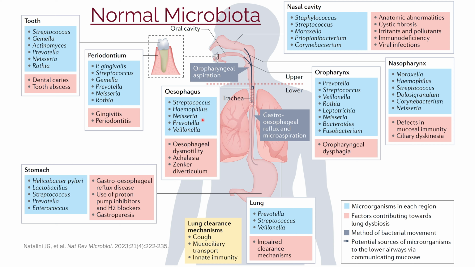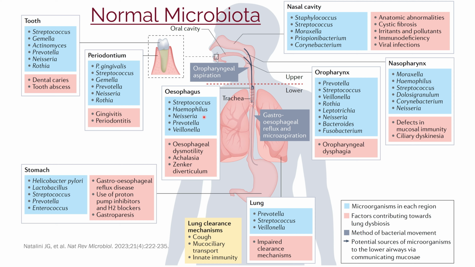By contrast, the lower respiratory tract exhibits a relatively low biomass consisting mostly of oral commensals. Several factors can contribute to dysbiosis changes along the respiratory tract, as you can see in the red boxes. So what's listed in these red boxes can result in an imbalance of the bacteria that reside in these sections.